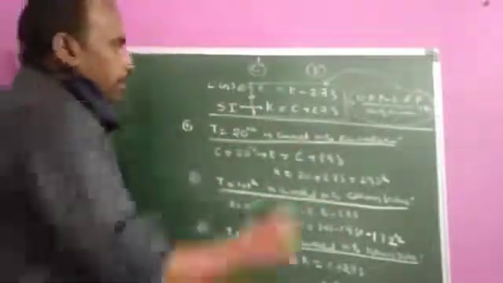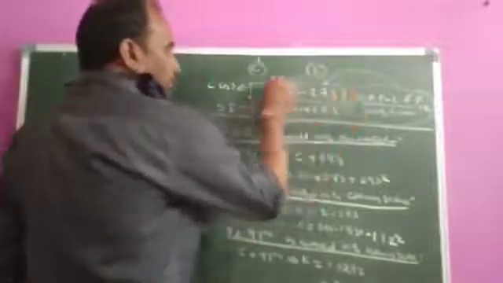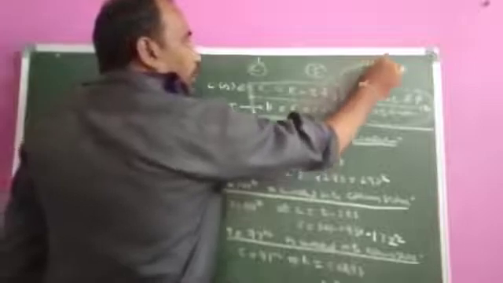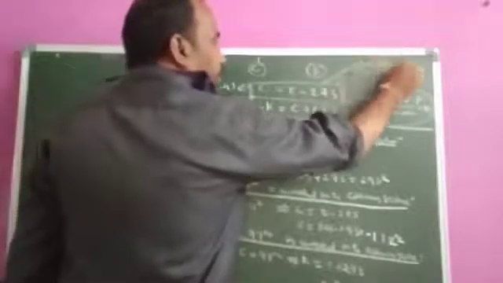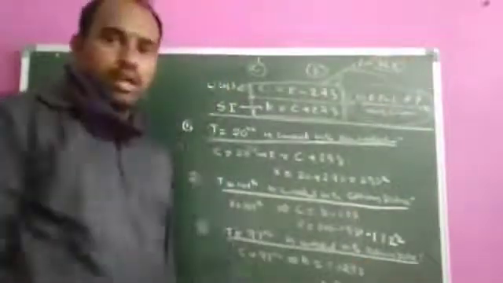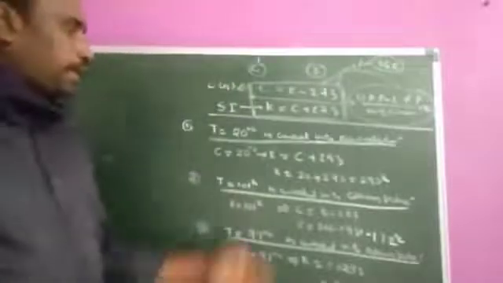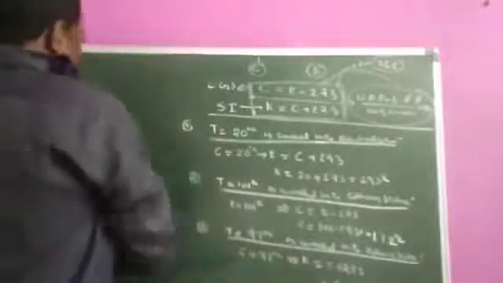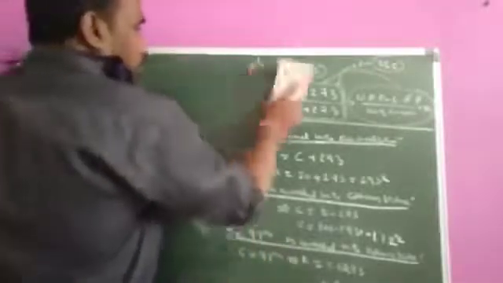All of you remember the two formulas. You get 1 mark in the SSC quiz. Are you clear now? Based on this, all of you practice some questions I will give you.